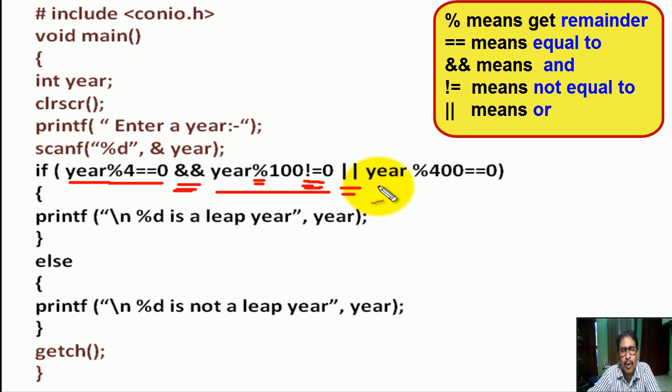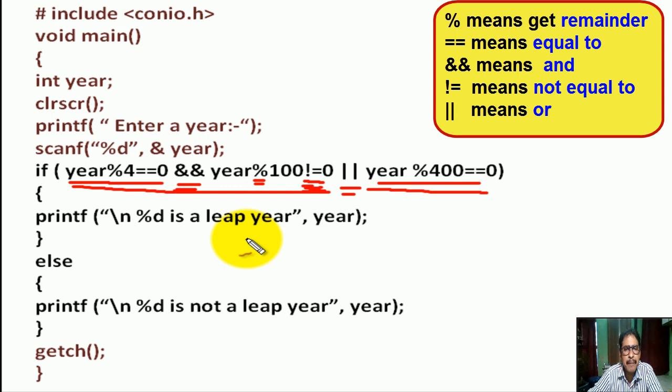Second condition also, year is divisible by 400, year % 400, so remainder equal to 0. This condition or this condition, any is fulfilled.